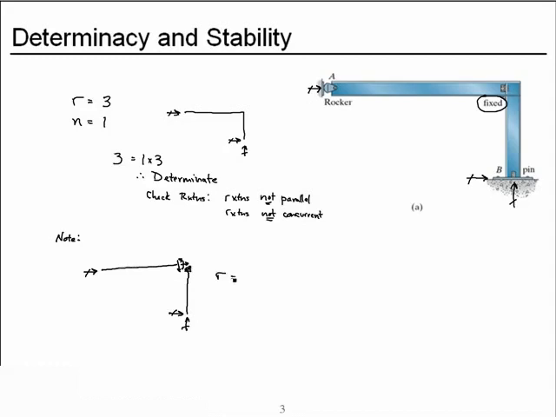So we'd have the 3 external reactions or support reactions, and the 3 unknown reactive forces at the cut, for a total of 6. We have 2 free bodies. So when we compare our unknown reactive forces with 2 times 3 for the free bodies, we still come to the same conclusion. I want to point out, it doesn't matter how many times we cut a solid structure, the conclusion will be the same. And by solid, I mean that there are 3 unknown internal forces at the cut.